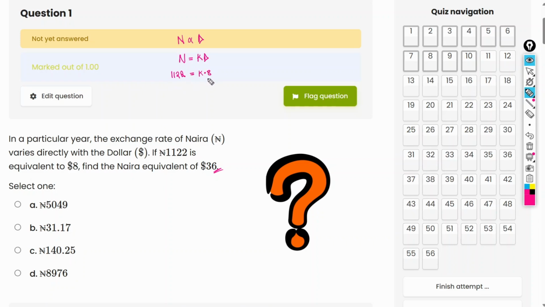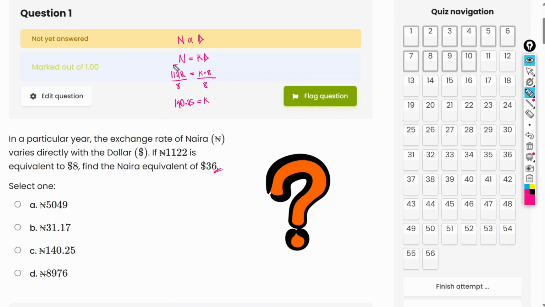So the value for K would be, dividing both sides by 8, 1122 divided by 8. That means K is going to be 140.25. That's the constant of proportionality.